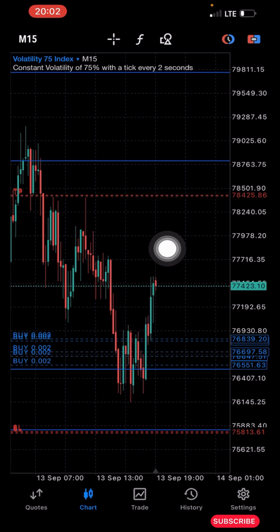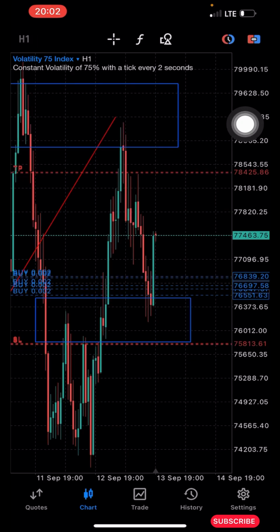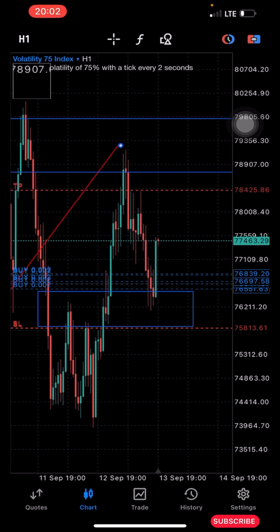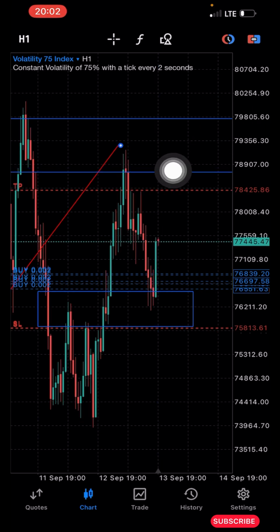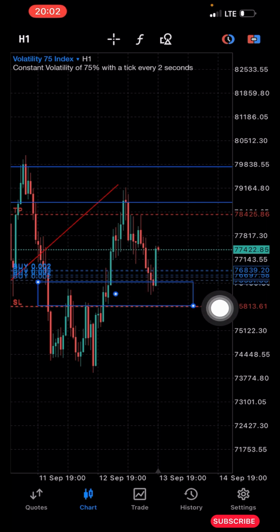But if it fails, then I'll be expecting a sell from this area of resistance. I'm just buying to sell. If it gets to this area, I'll be selling, and if it fails, I'll be waiting for it to break below this support and resistance zone.